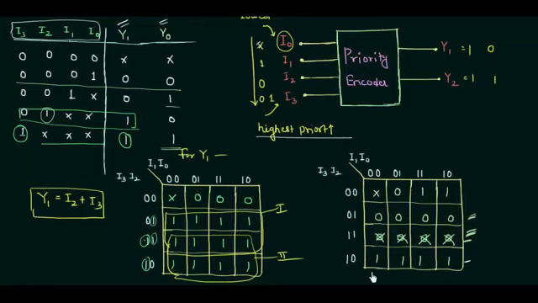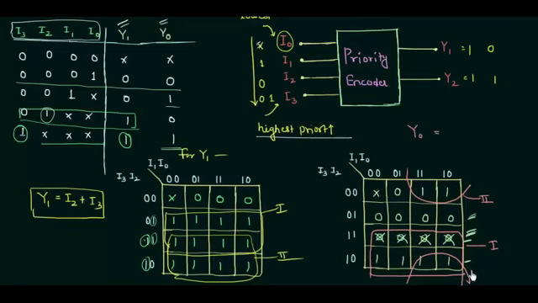I hope you are getting these things. I'm assuming that you know how to solve the K-map. So this is my first group and I have combined these 4 ones, the 2 ones are still left, so let's make the second group. This is my second group. Let's start writing down the minimized function.